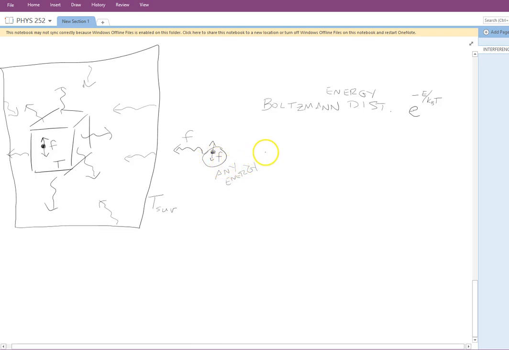But what Planck did to get things to work is he said, no, at frequency f, the oscillator, this charge that's moving back and forth, can only have certain energies.